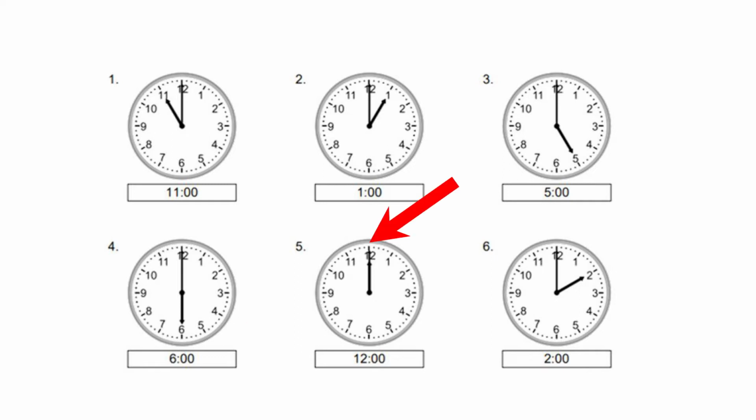Let's look at number 5. For number 5, you had to show 12 o'clock or 12 hours. This one was a little tricky, wasn't it? So this means that your hour hand, since we're looking at 12 o'clock, should be pointing at the number 12, which is at the top. And your minute hand should also be on the same number 12.